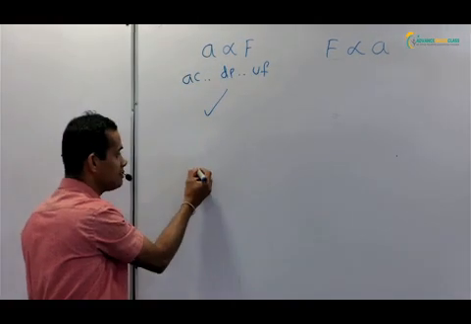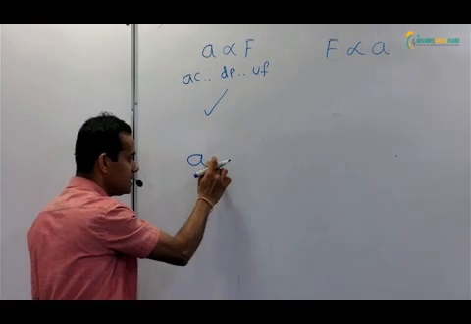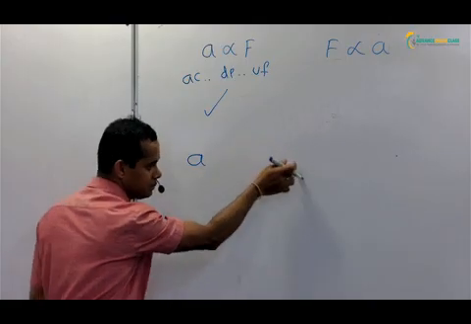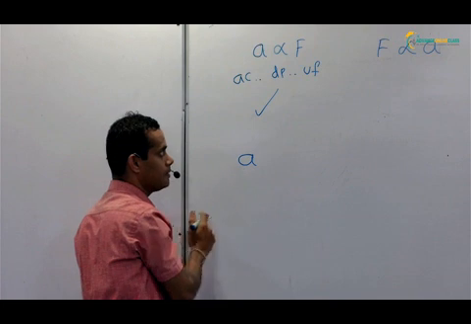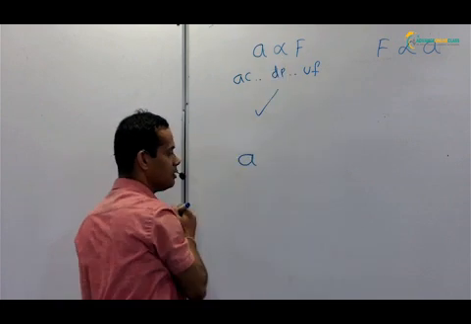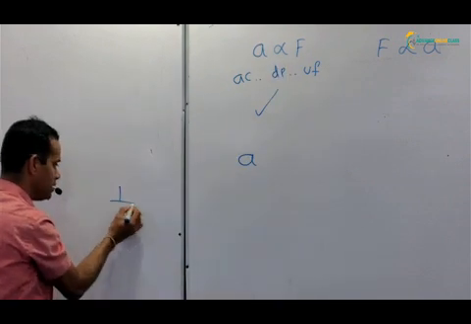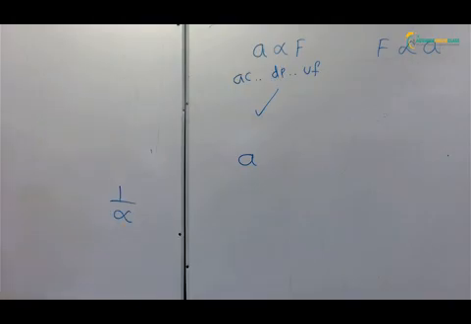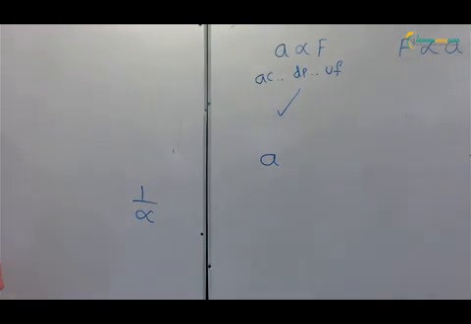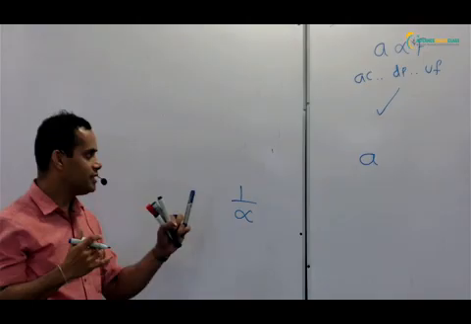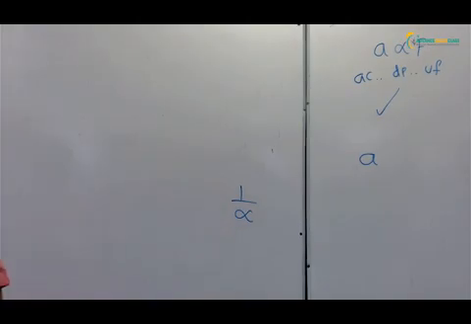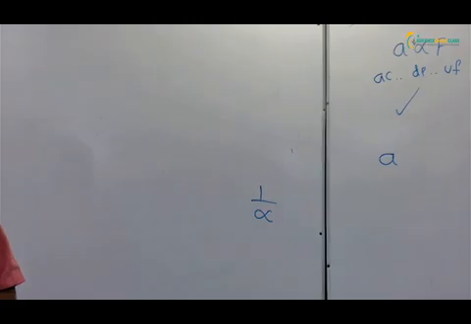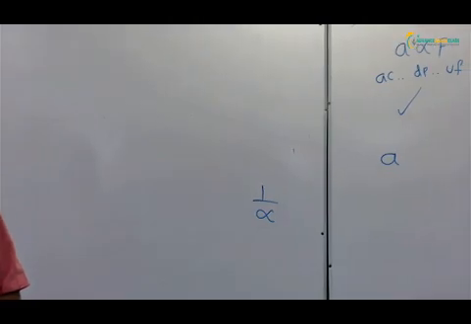So we write acceleration is inversely proportional to mass of it. How can we show inversely proportional to mass? This is directly proportional. How can we show inversely proportional? Remember, we can't write acceleration is inversely proportional to mass.